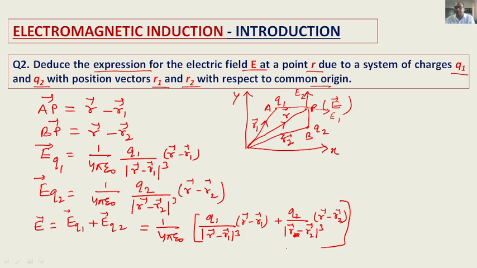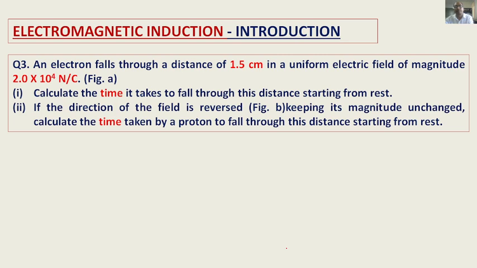Now going to question number 3. It is given that an electron falls through a distance of 1.5 centimeter in a uniform electric field of magnitude 2 into 10 power 4 Newton per Coulomb.